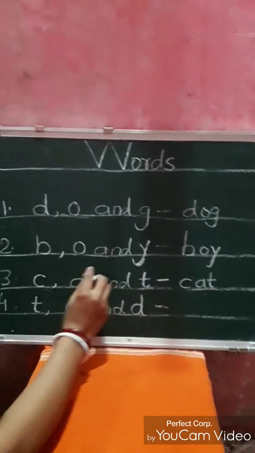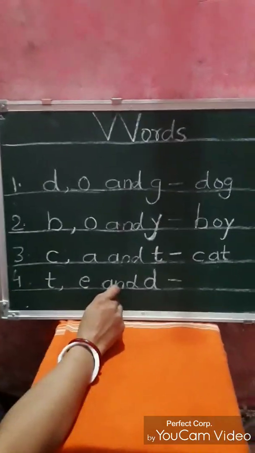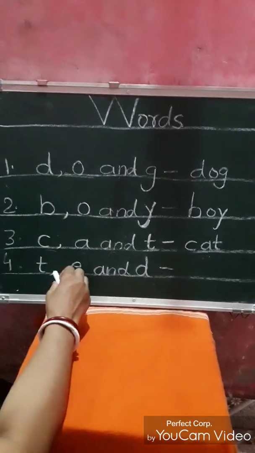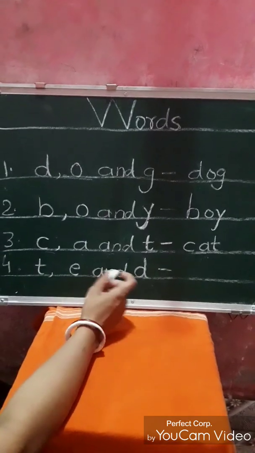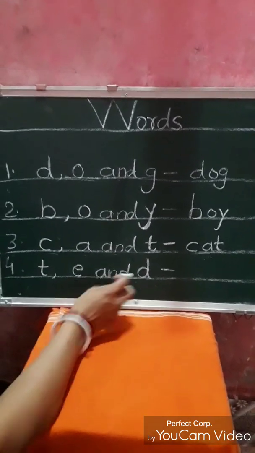Like that only we move to our 4th number letters and we try to make a new meaningful word with the help of the given letters. The letters are T, E and, sorry, a small a.